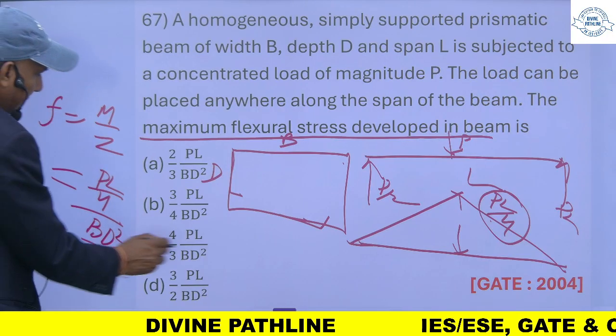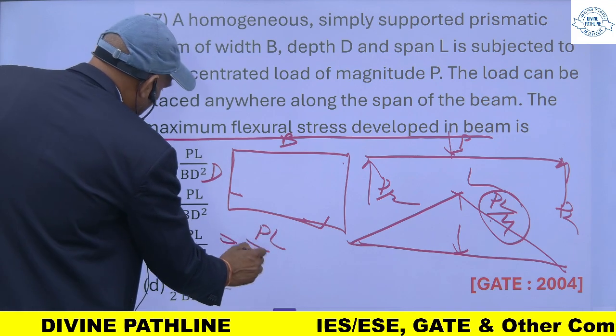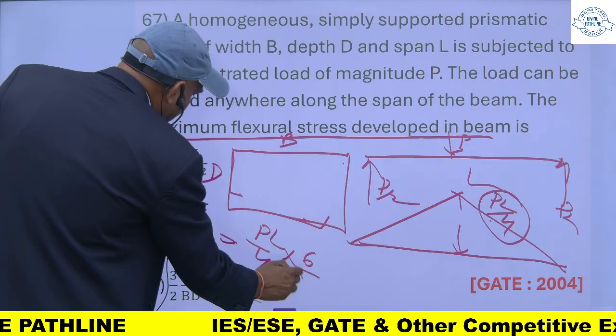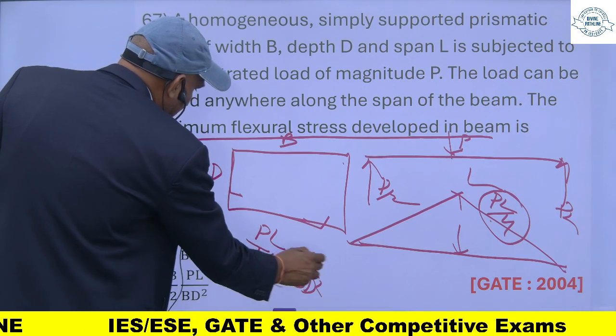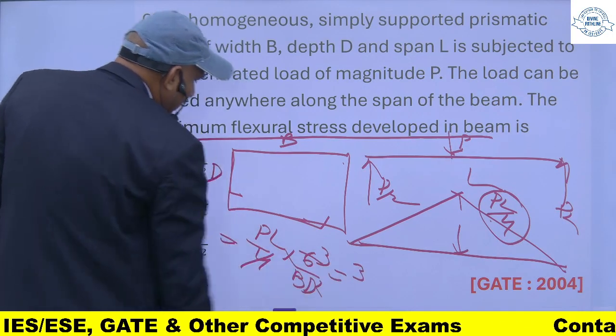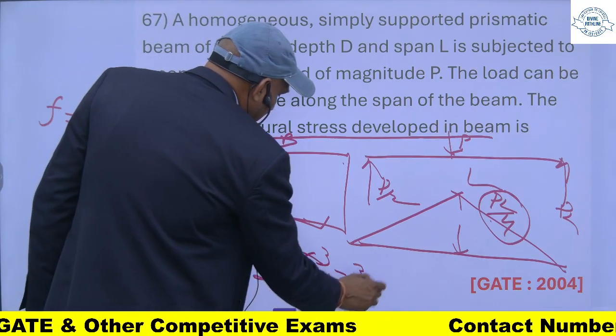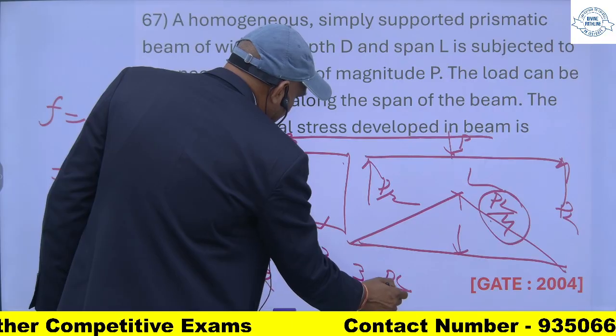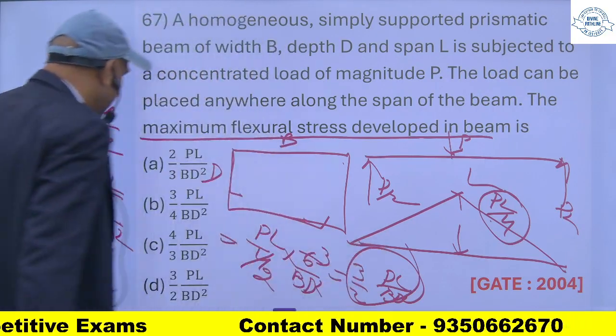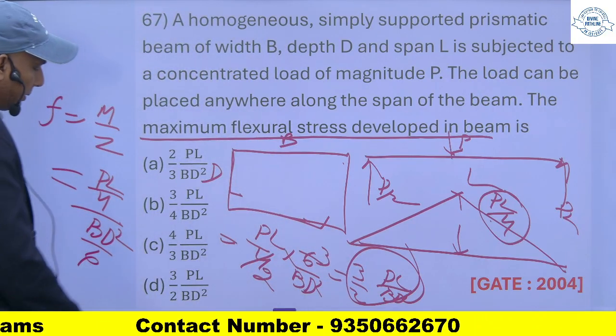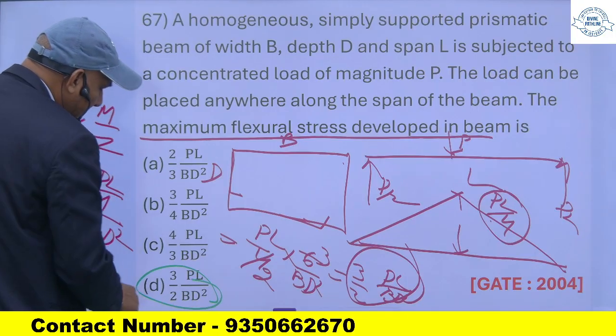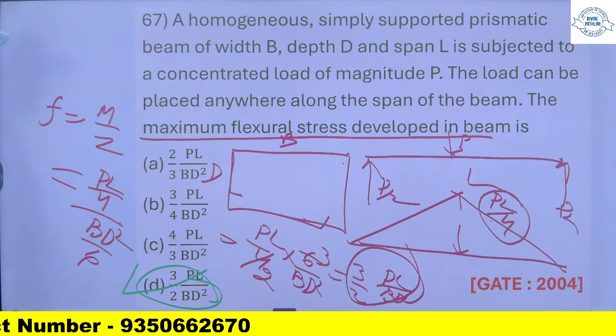So it will be PL by 4 into 6 upon BD square, so it will be 3 by 2 PL upon BD square. This is the correct option.